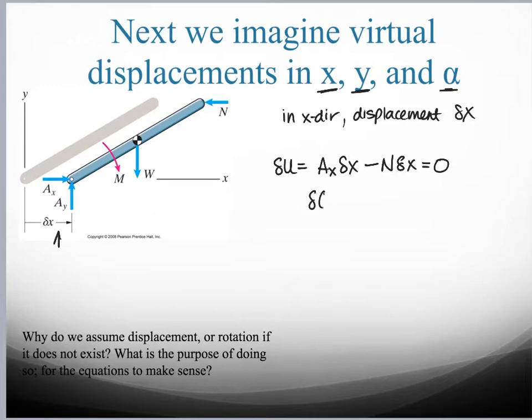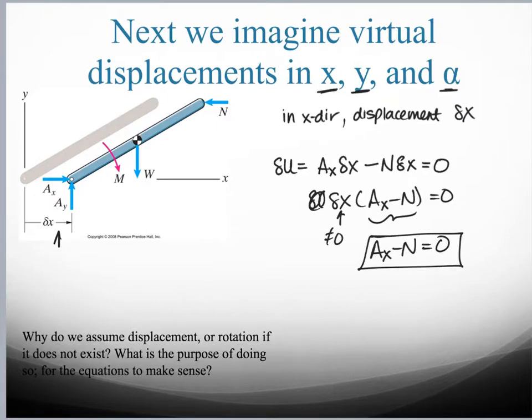We notice that we can factor out the displacement, and because this isn't 0, it requires that the quantity in the parentheses must be 0. And that gives us one equation that shows us the relationship between the two quantities.